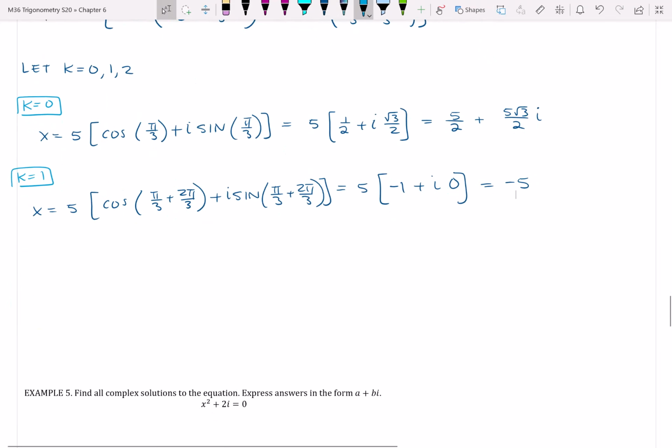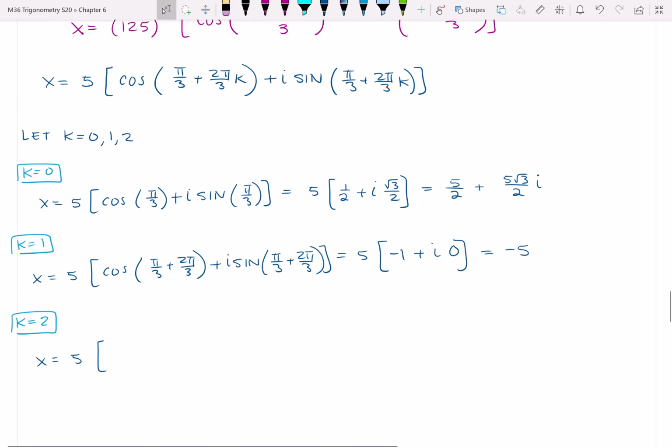So let's plug in k equals 2. We have x is equal to 5 times cosine of pi over 3, and k is equal to 2, which gives us 4 pi over 3, plus i sine of pi over 3 plus 4 pi over 3.